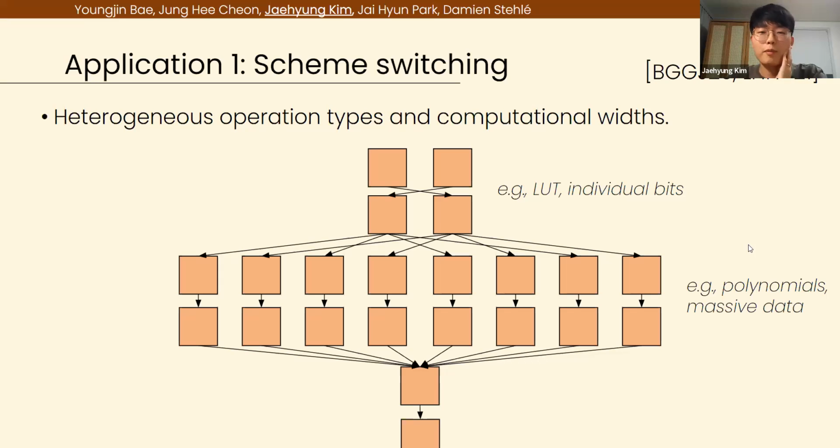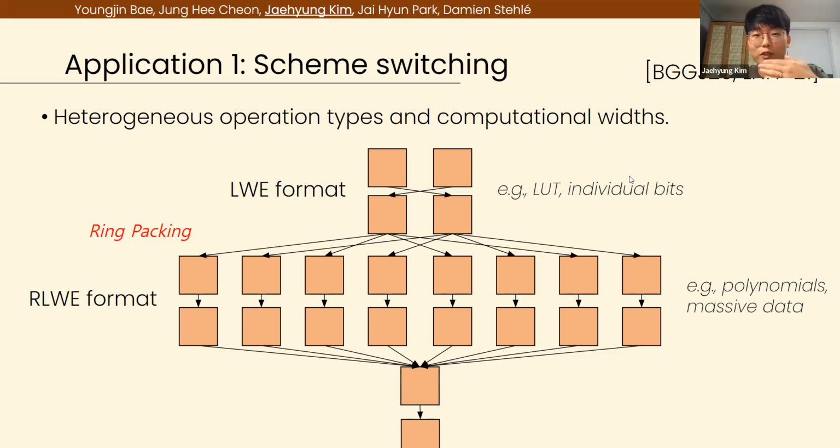So the strategy we may use is to, for instance, start with LWE format, and if we want computations which prefer ring LWE format, then we may use ring packing, and if we want to go back to LWE format, then we convert it back to LWE, and so on. The strength of this strategy is that we can flexibly choose LWE and ring LWE based on the operations we do, and it will increase the efficiency.